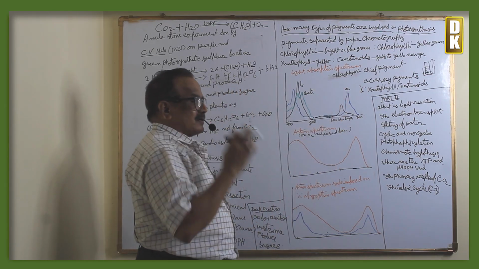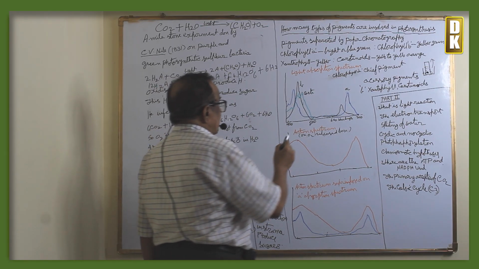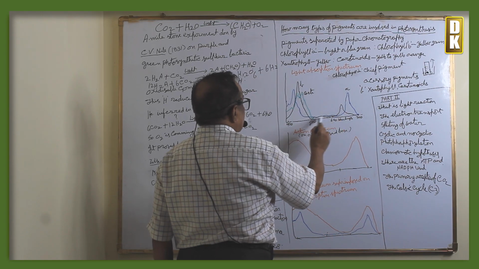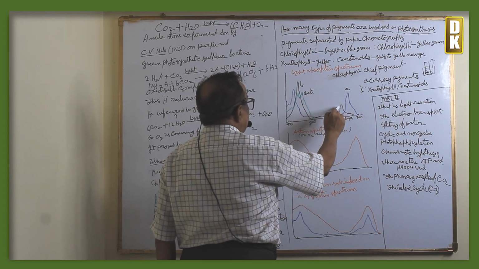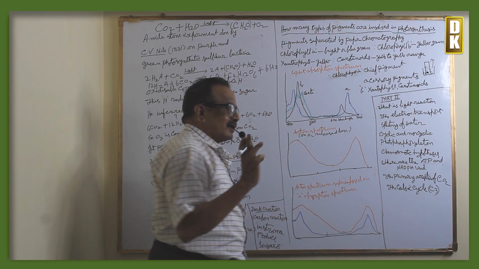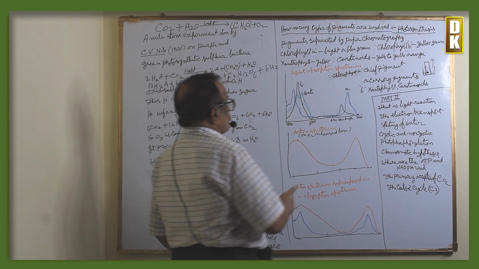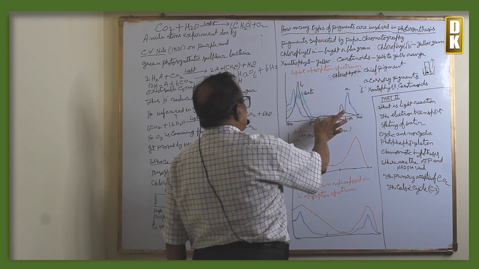So 7 colors. Out of the 7 colors, from green to orange the absorption is very less in chlorophyll A and B. That is important, and you can be asked that in NEET. So chlorophyll A and B absorb very little here.